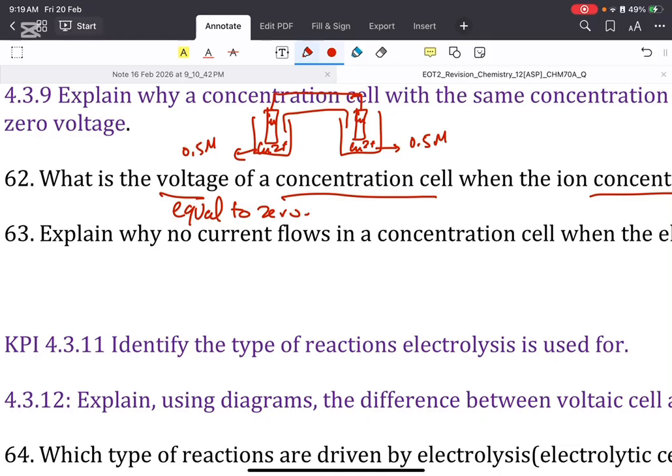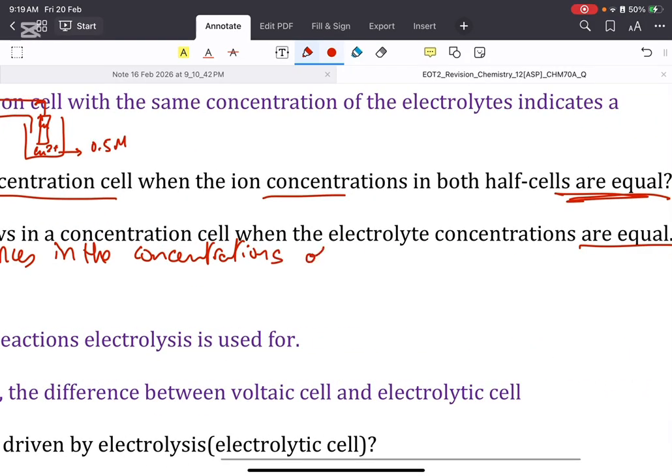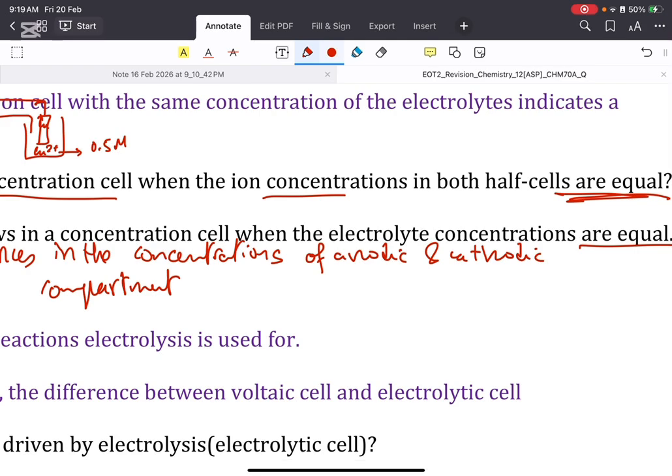So without any differences in the concentrations of anodic and cathodic compartment, there won't be a driving force for electron flow.